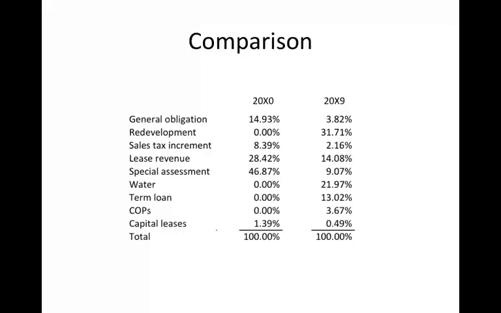Special assessment debt, as you know, is debt that's repaid with a special assessment on a particular part of a government's constituency, maybe a particular neighborhood or a particular area that is benefiting from the capital investment that is being financed with that debt. And so not the entire populace is paying for it, but just this subsection of the populace.